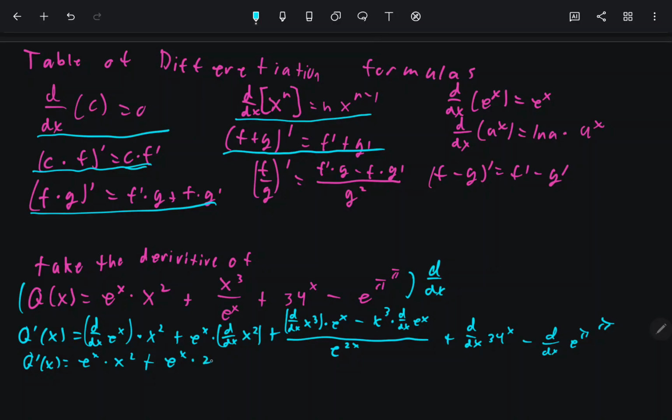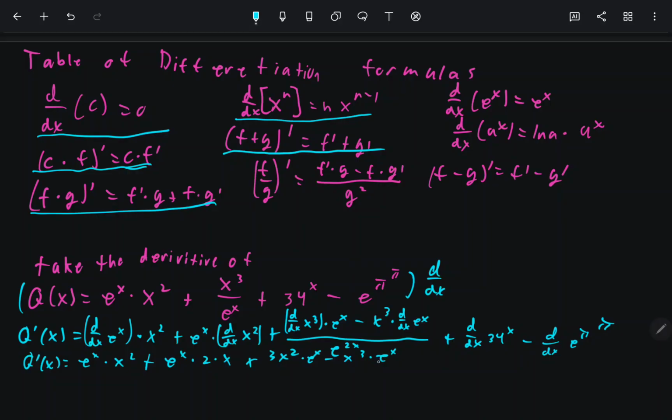We bring the power down, 2 minus 1 is x to the first, so just 2x, plus the derivative of x cubed. That's going to be 3x to the 3 minus 1, squared, times e to the x, minus x cubed times e to the x.